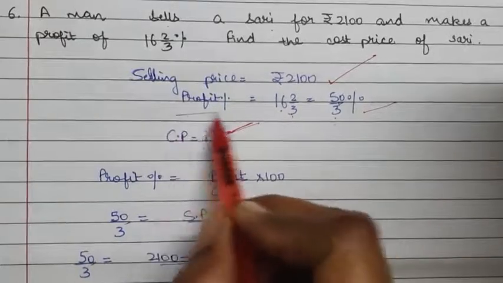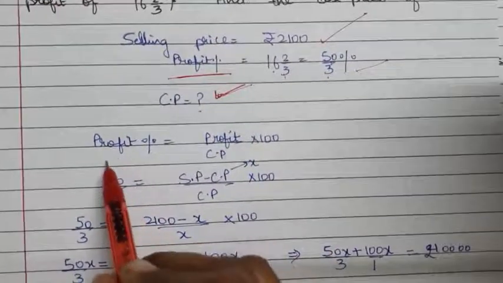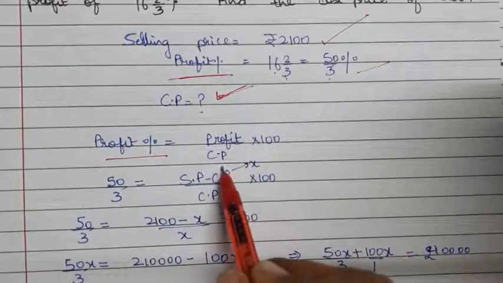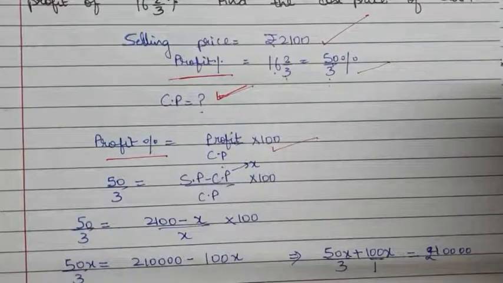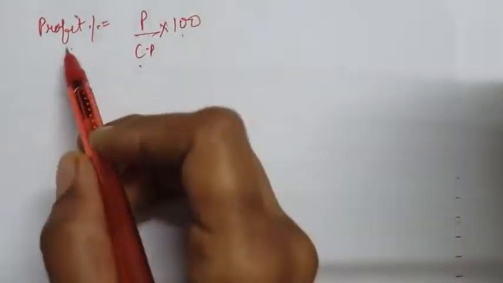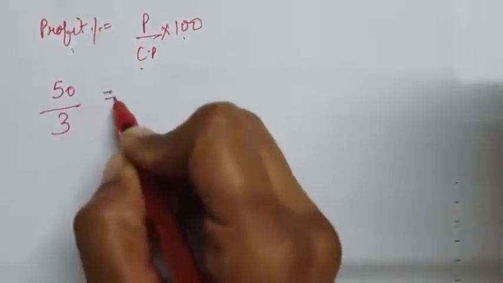Now the profit percent is given, so we will apply the formula of profit percent. That is profit upon cost price multiply 100. Clear? Now profit percent is profit upon cost price multiply 100. Profit percent is given, 50/3.